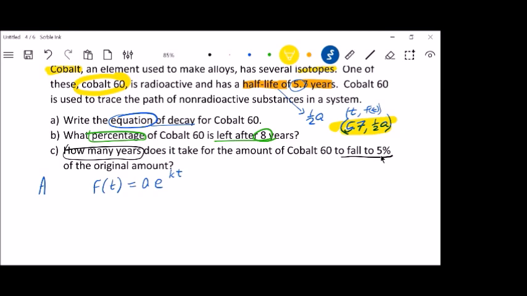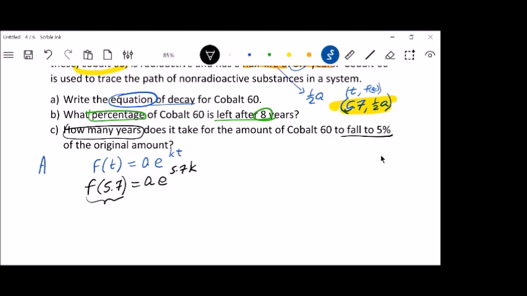So we're going to say that the function at 5.7 years is the original amount, which we don't know, times e to the 5.7 times k. But at 5.7 years, you have 1/2 of the original amount. So we have put this in it, and we have put this in it.